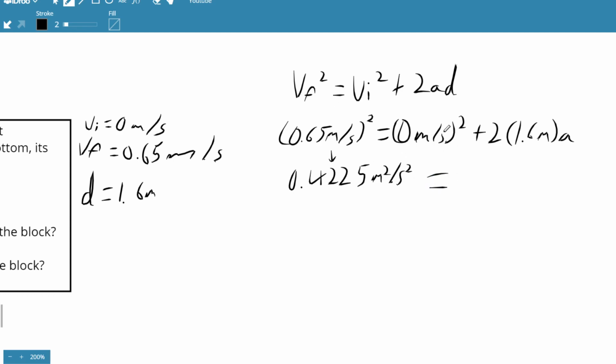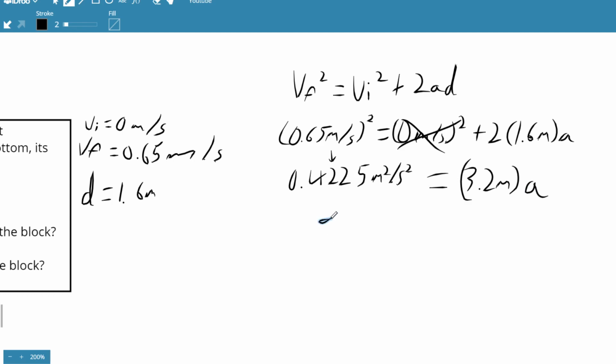And we have 0 meters per second squared, which is just 0, so we can just cross it out. Then let's just multiply these two. 2 times 1.6 is 3.2 meters, times A.